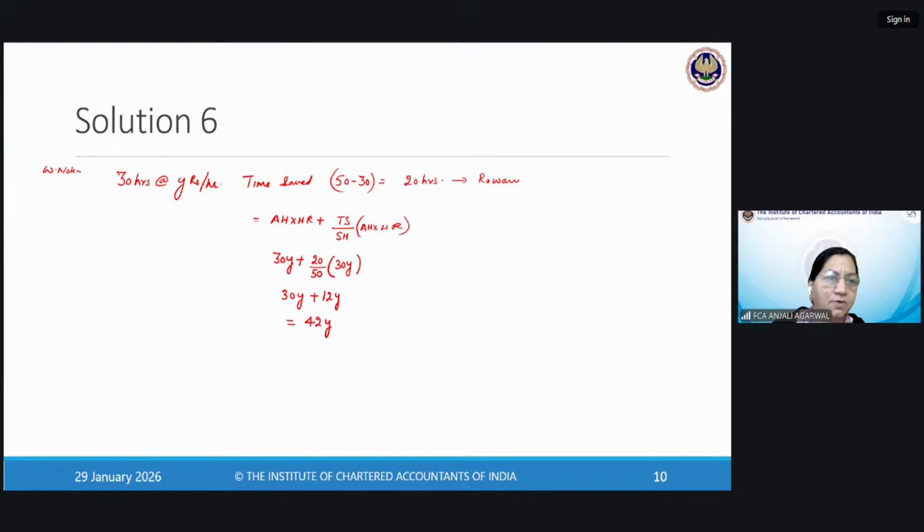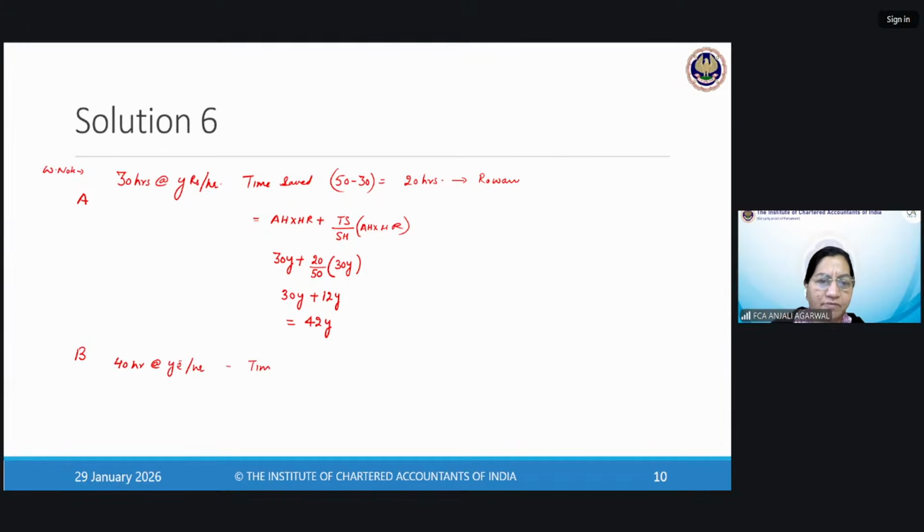This will be your working note for worker A. For worker B, 40 hours at the rate of Y rupees per hour.